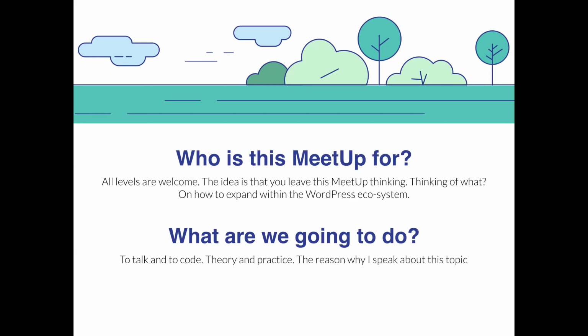Now, the reason why I speak about this topic, and I also speak at different meetups and WordCamps, is that as far as development is concerned, we can talk about the new stuff, the JavaScript, Gutenberg, what WordPress does this and that. But sometimes I feel that we forget there's also a group of people who are interested in learning the fundamentals of how WordPress works from a development point of view.